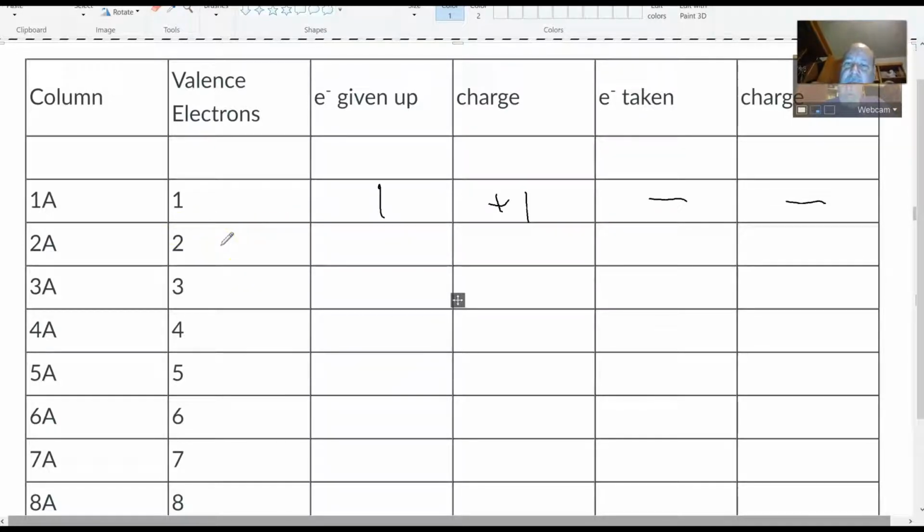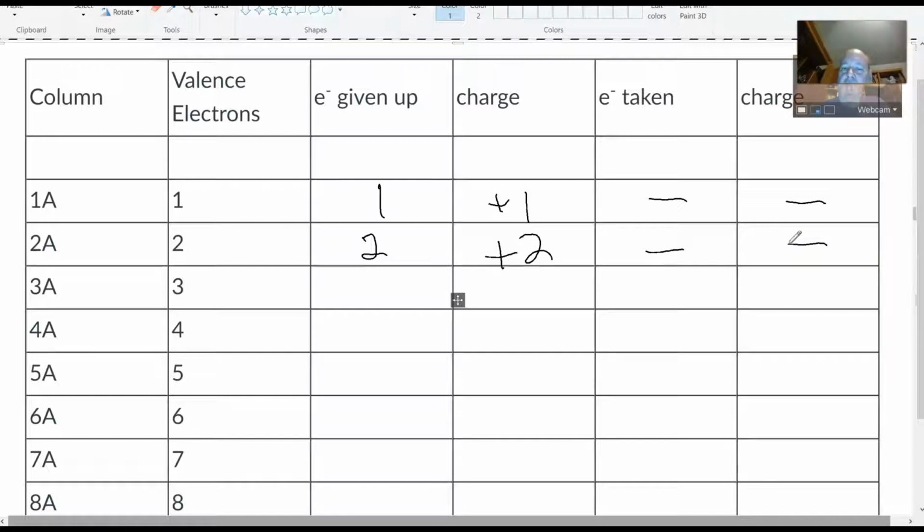And I'm going to give up 2 valence electrons then if I ionize. That means I'm going to have a +2 charge if I ionize. Okay. And again, as in column 1A, I don't have any nonmetals, so I don't have any elements that are going to take electrons and have a negative charge.